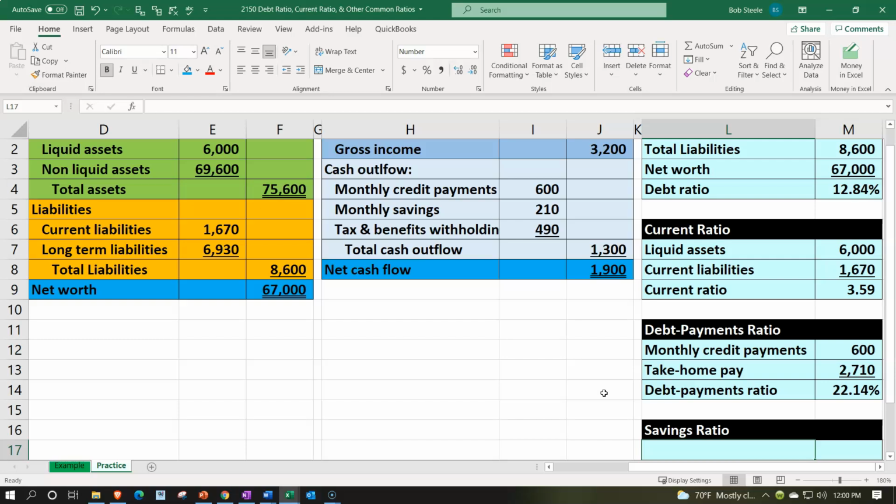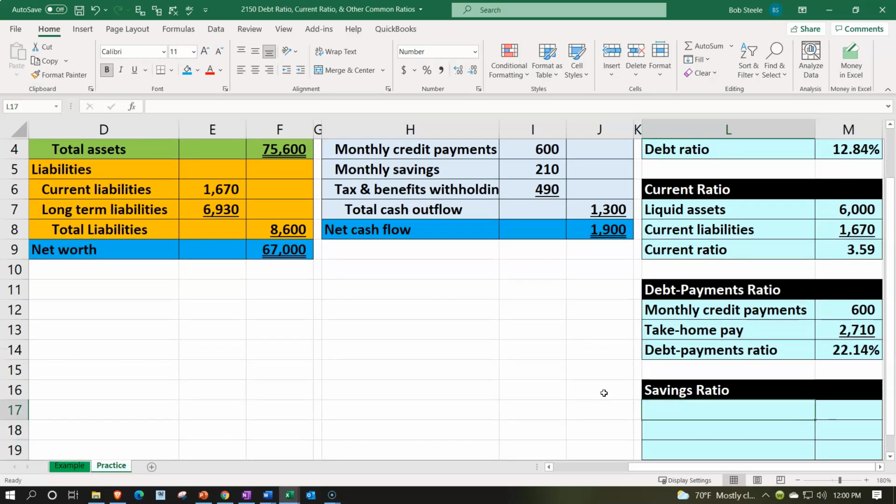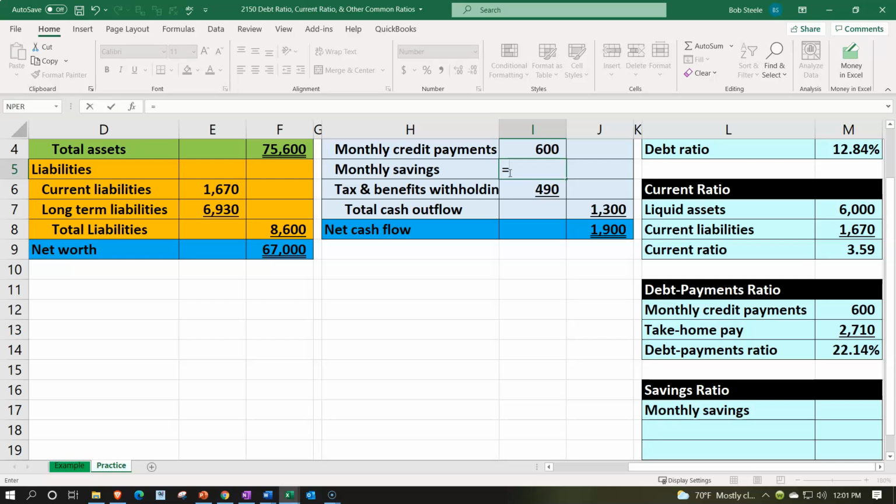And then you can take a look at the savings ratio in a similar way. We could say, okay, how much savings are we doing? Monthly savings. This is another line item which, from a bookkeeping standpoint, you might record differently. We talked about that before, so I won't go into that in detail, but this is the amount that we're putting into our savings account, and we can compare that to our gross.